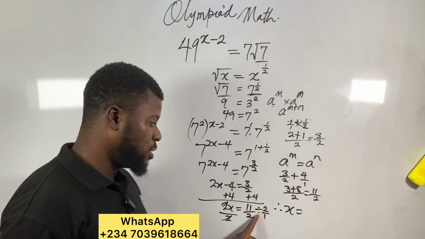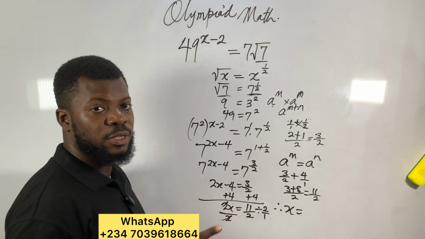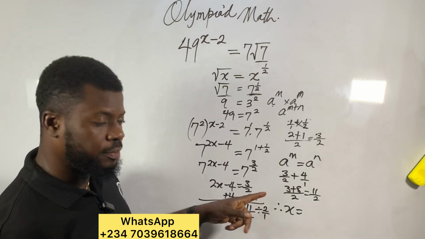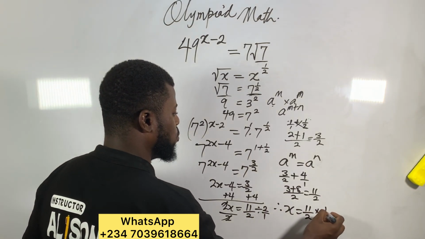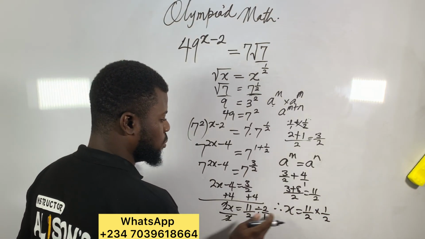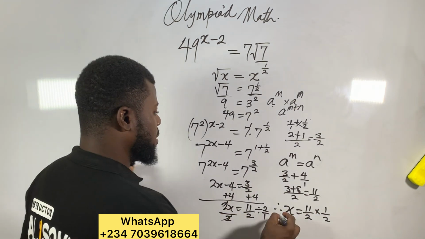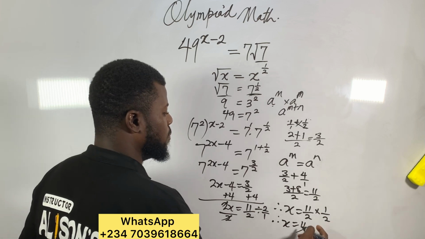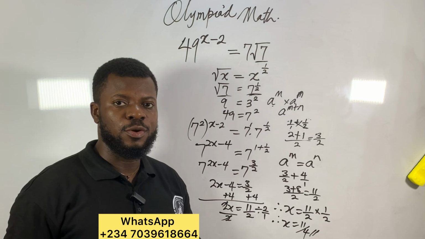First thing you do, change the division to multiplication. Immediately you change the division sign to multiplication, flip the term after the division sign, turn it upside down. So I get 11 over 2 times 1 over 2. Therefore, x is equal to 11 times 1, 11, over 2 times 2, 4. So the value of x is 11 over 4.